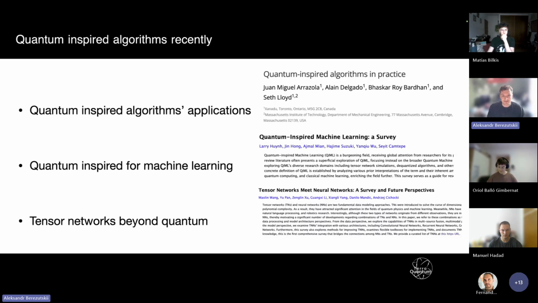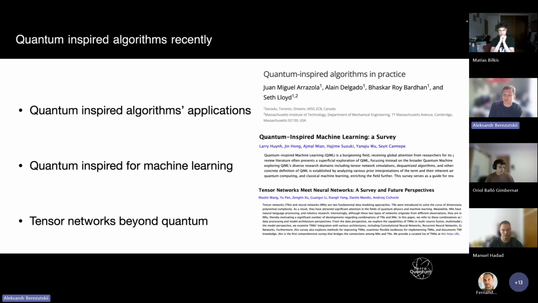And then there's also the second part, which is quantum-inspired algorithms, which is somehow close but different in the sense that these are algorithms which take inspiration from quantum physics, often come from it, but at the same time they don't rely on any quantum hardware. So this is purely classical, and apparently there have been many things happening there.